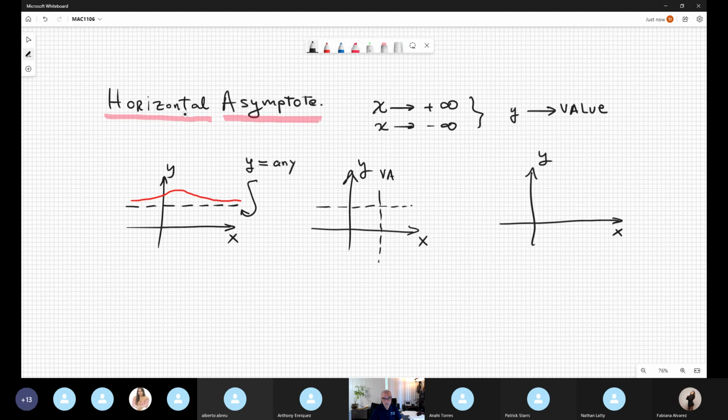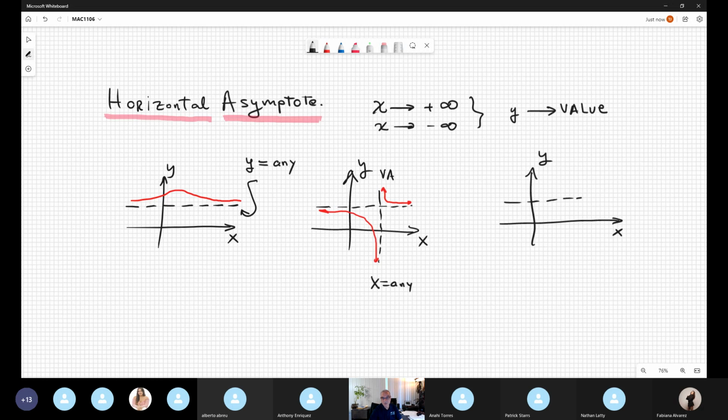And the equation for the vertical is x equals any number. x equals 3, x equals 4. y equals 3 is a horizontal line. Suppose we have this curve. It approaches the vertical and approaches the horizontal, but never touches.